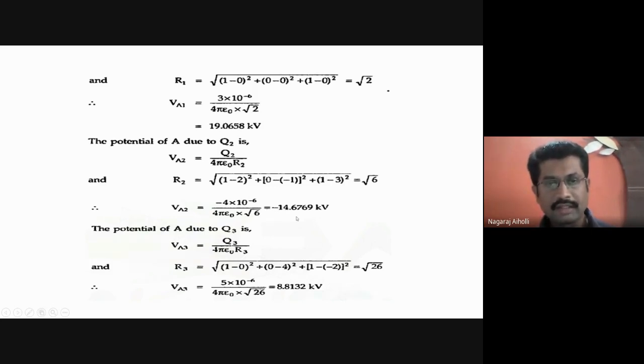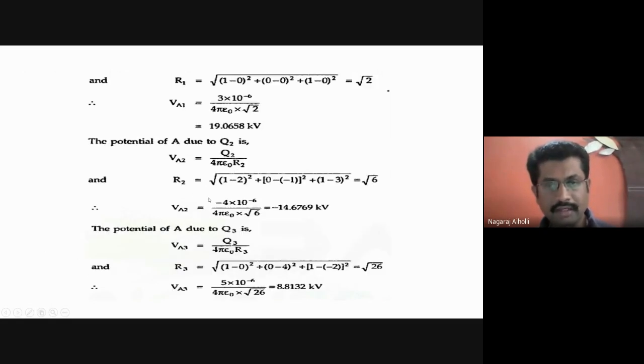Note that. Then find out the potential at A due to the third charge Q3. This is given by Q3 divided by 4 pi epsilon naught R3. The distance vector R3 is given by the square root of (1 minus 0) square plus (0 minus 4) square plus (1 minus of minus 2) square.